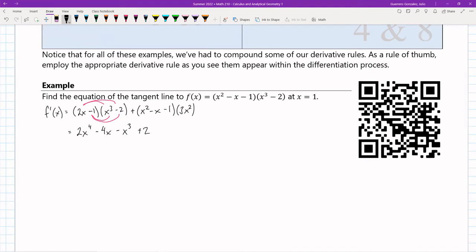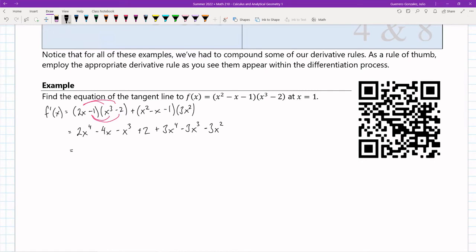And then we'll multiply this in, plus 3x to the 4th minus 3x cubed minus 3x squared.